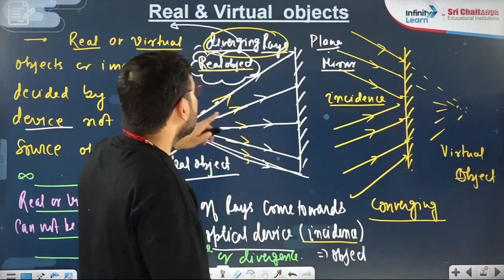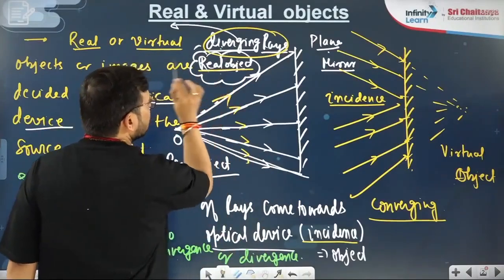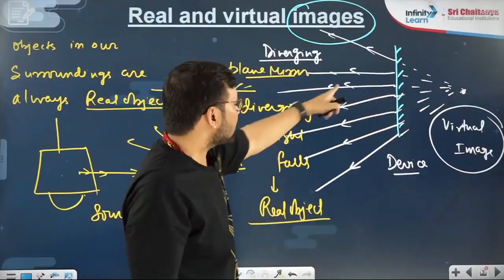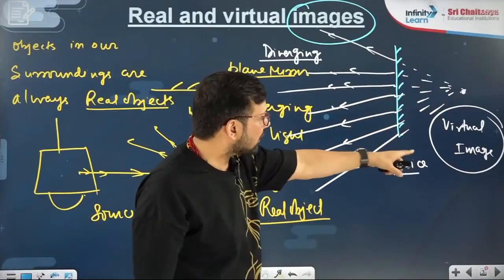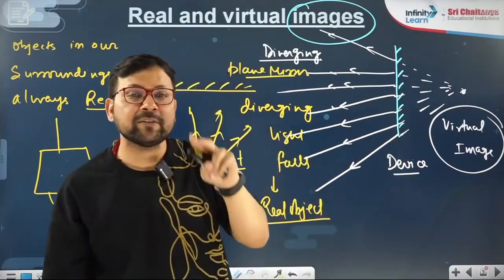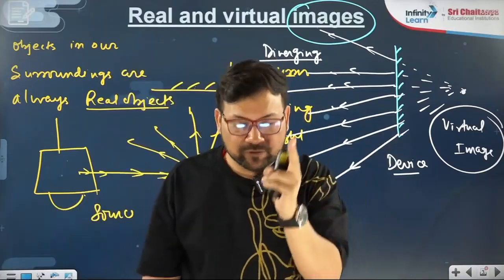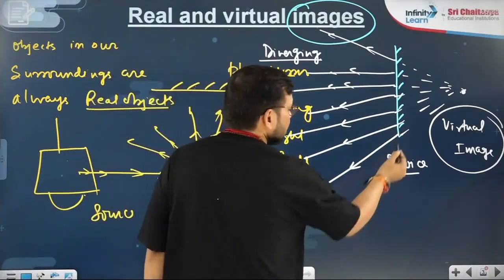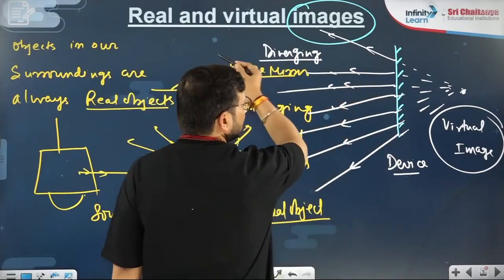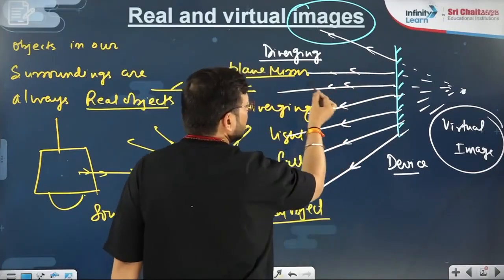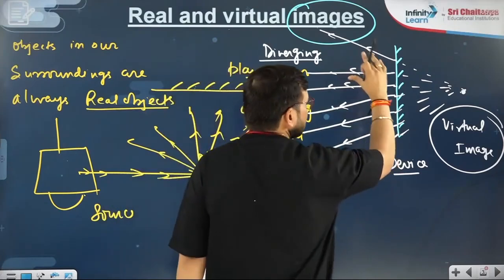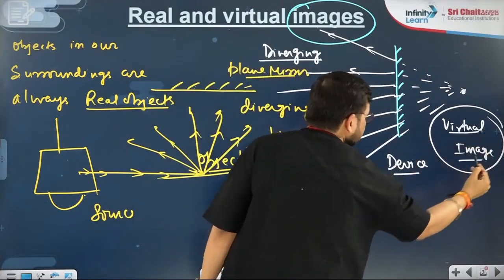I told you diverging incident ray is a real object, but diverging reflected rays are a virtual image. So diverging gives you virtual for an image, and diverging gives you real for an object. Got this? When light is coming from the mirror and is reflected, and it is diverging, that is called a virtual image.